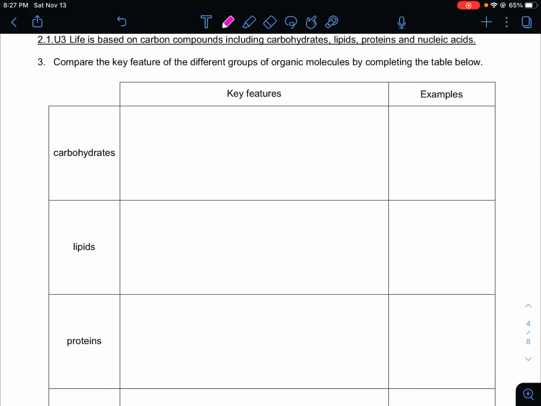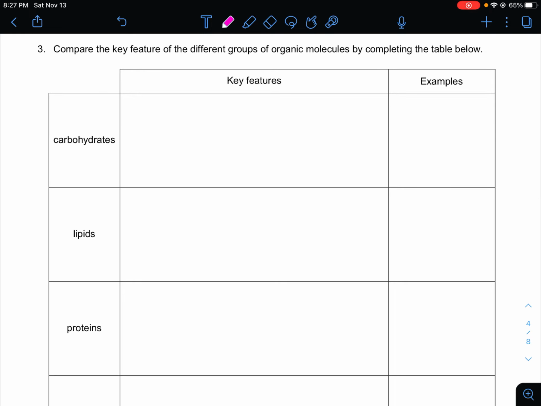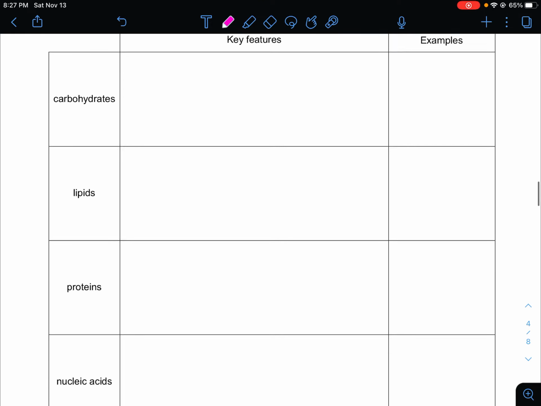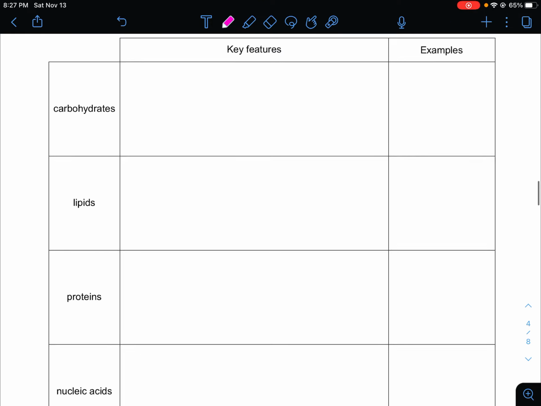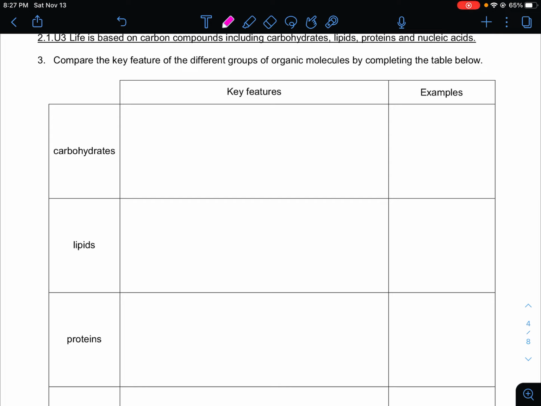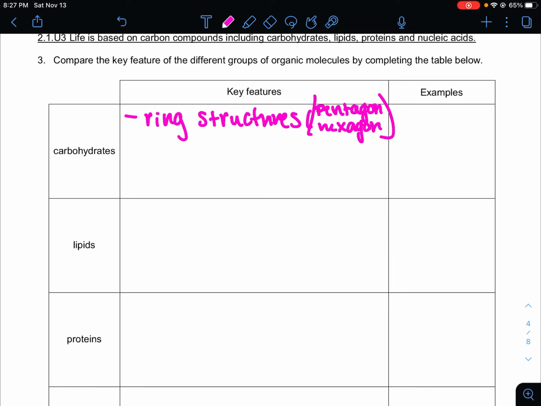Okay, so the carbon compounds that we were talking about, or the organic molecules that we were talking about: carbs, lipids, proteins, and nucleic acids. The key features of carbohydrates are that they are made in those ring structures. So they'll be pentagons or hexagons, like ribose and glucose, which are 2 of our examples.